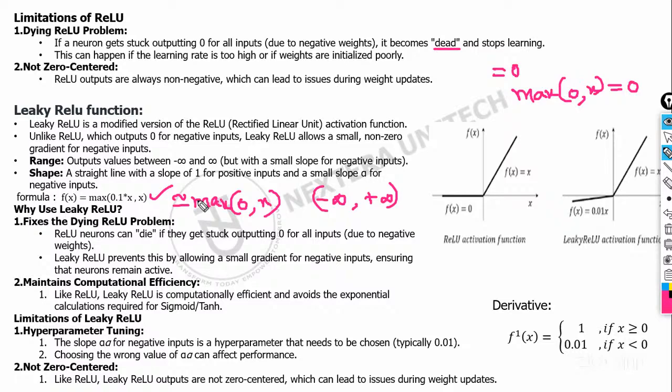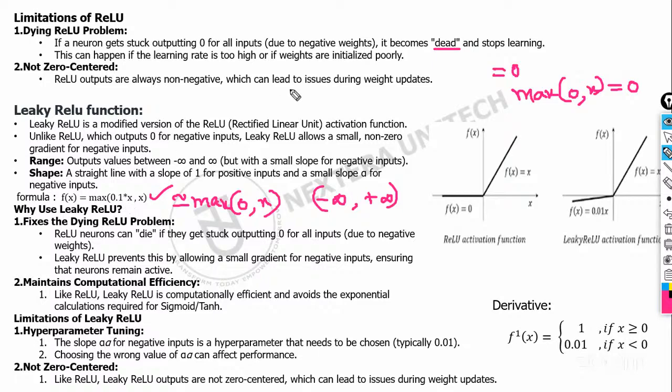Dying ReLU will be fixed. Why? Only if the input is 0 can you get the output as 0. If not, you'll have a value. Moreover, in the majority of cases we will not get 0.